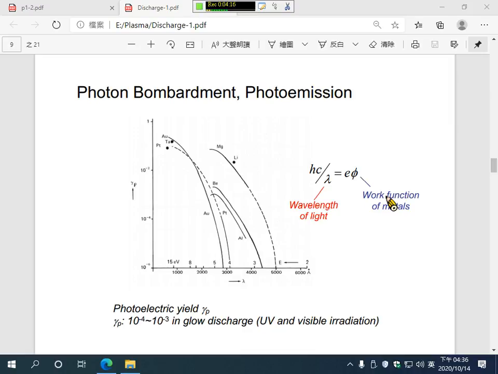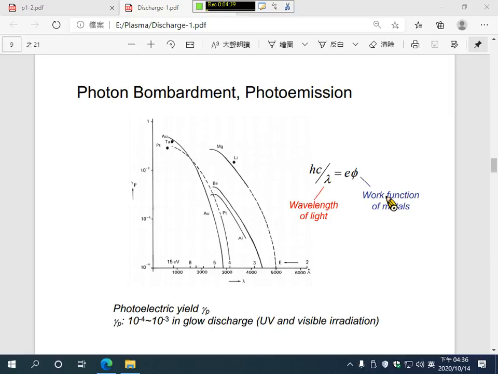So the maximum energy of the electron... there are electrons with different energies. Again, the vertical axis is the potential energy, or the energy of the electron.